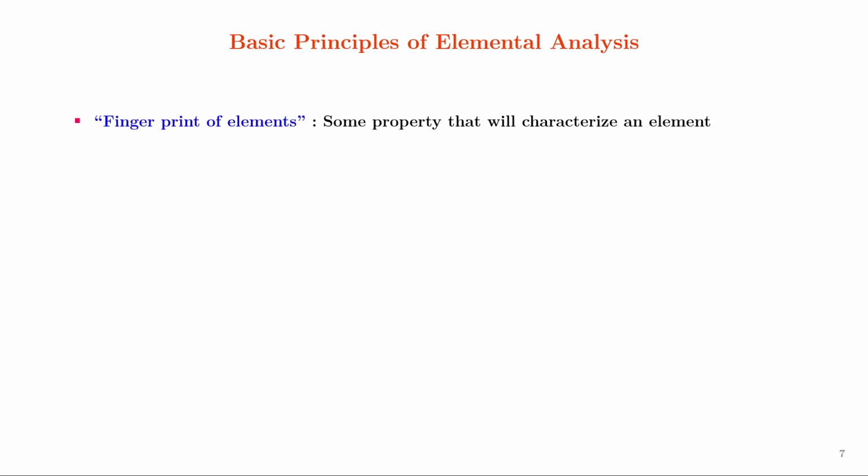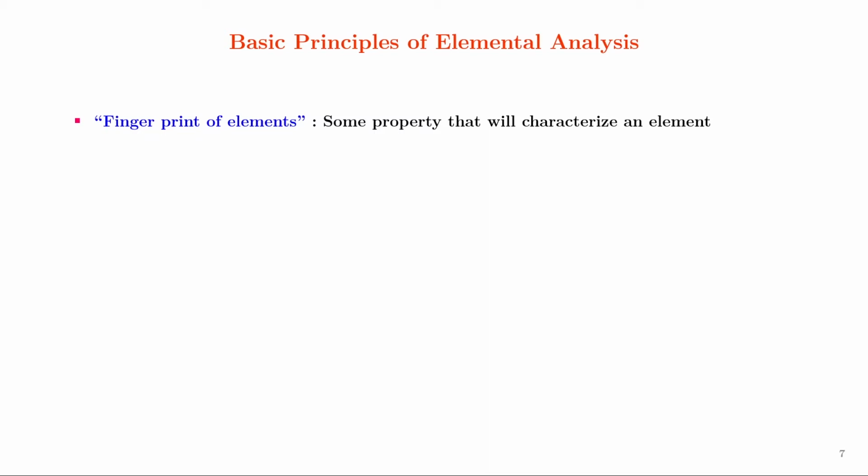Basic principles of elemental analysis. An analytical technique for the constituent elements of a sample requires that there should be some characteristic and measurable property of the particular elements present in the sample, which can act as a fingerprint of the element.